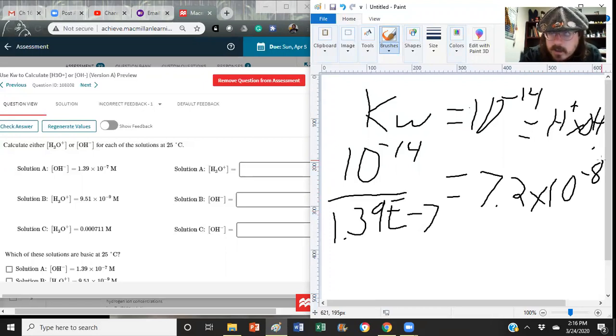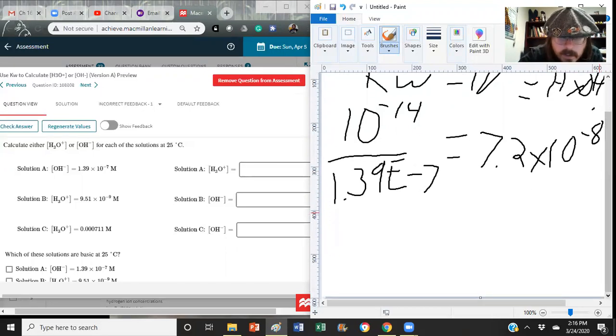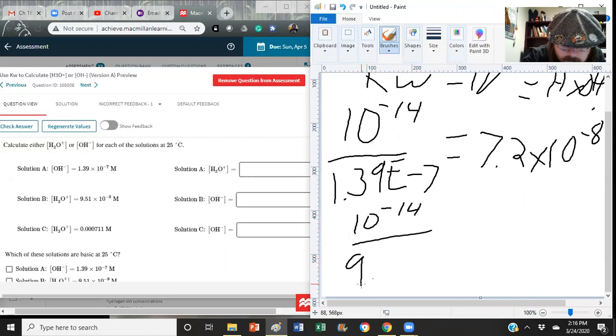The same thing for solution B. We're going to say 10 to the negative 14th divided by 9.51 times 10 to the negative 9th. Same thing, 9.51 e negative 9.